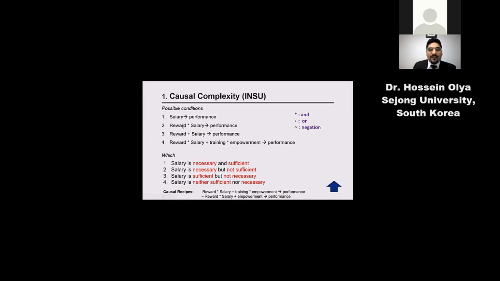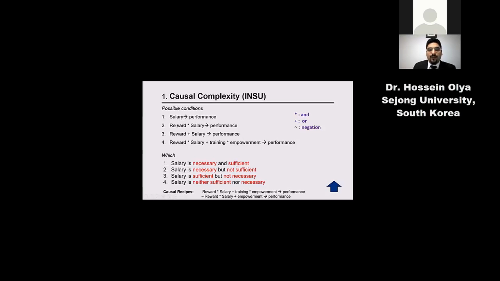So in this condition, salary is necessary. Yes, we have it in the model, but it is not sufficient. What does it mean? We should have a reward system aligned with increasing the salary. So you can compare the conditions. In the first one, salary was just one factor that led to performance, so it was necessary and sufficient.